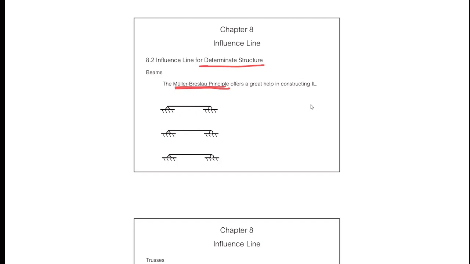For example, if I want to know the influence line of this reaction that's called RB, I can free this restraint. And when I free this restraint, it means that this load is free to move up and down, because that's a reaction resulting in your structure being able to move up freely like that. So this blue one becomes the influence line of reaction at B.